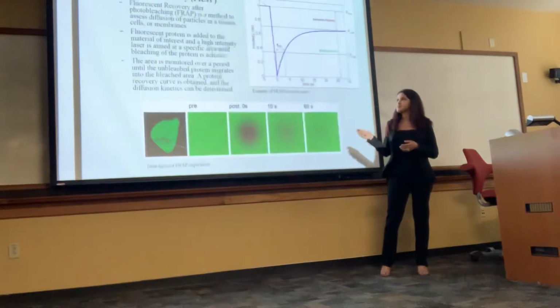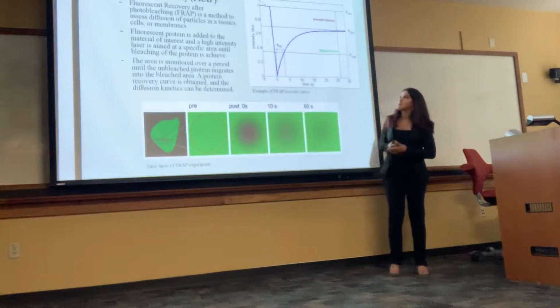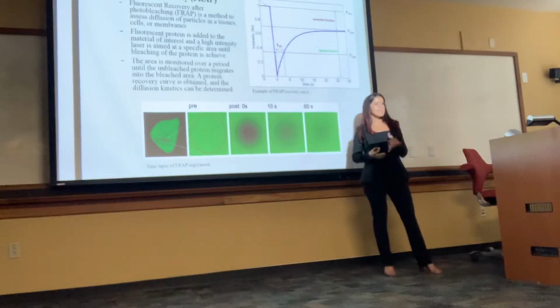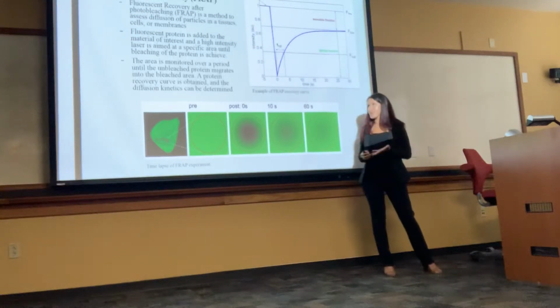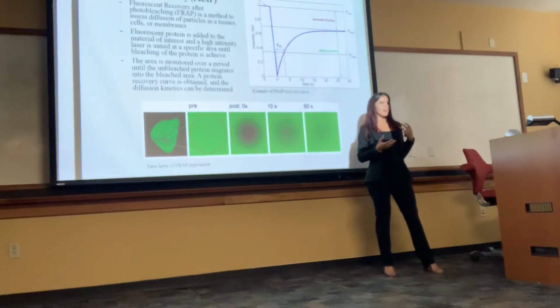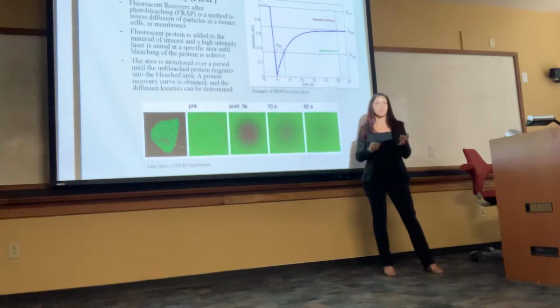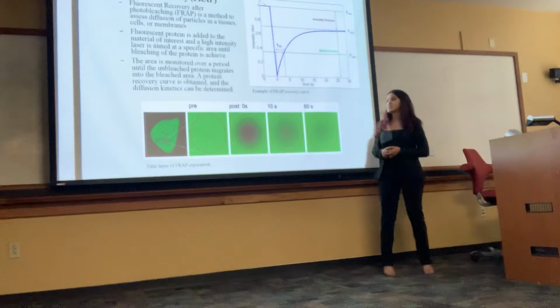For the protein permeability, we use fluorescence recovery after photobleaching. This is a method where you take a fluorescently labeled protein and put that into either your gel, your cell, or some type of membrane, depending on what you're studying.